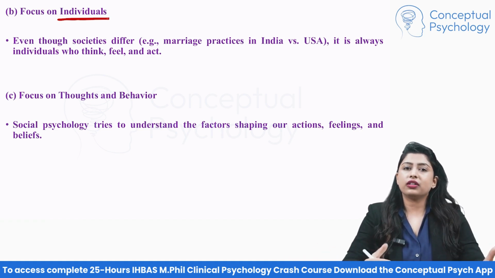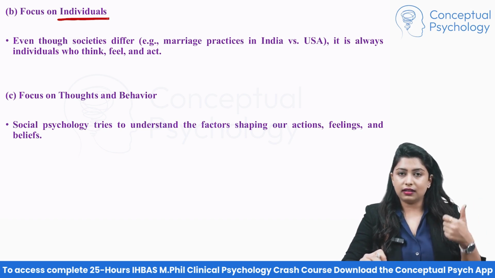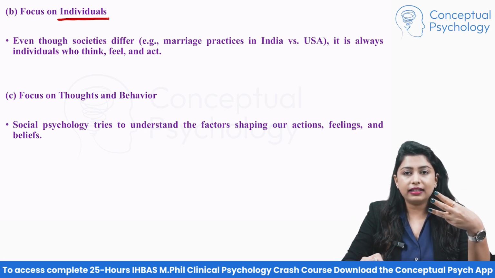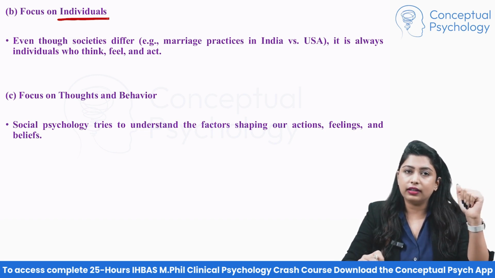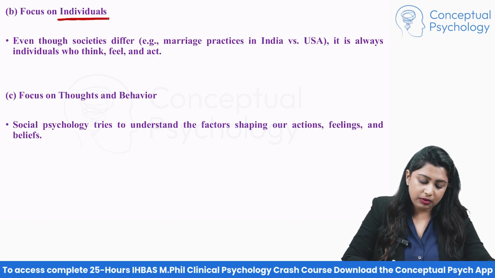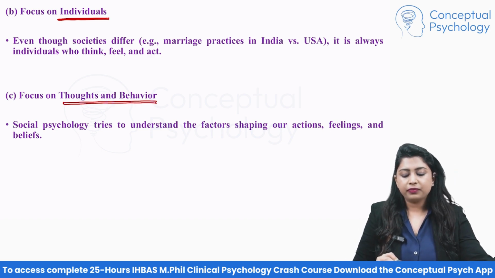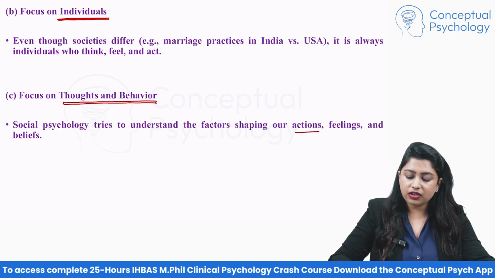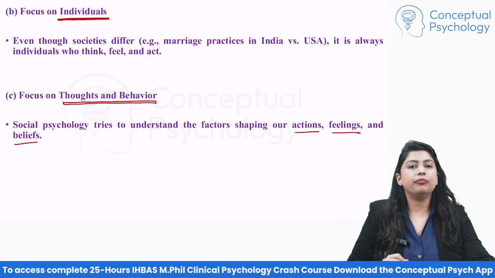Researchers group these influences into major categories like cultural factors, biological influences, personality traits, and even social context. So keep in mind that social psychology focuses on thoughts and behavior as it looks into the factors which shape our actions, feelings, and beliefs.